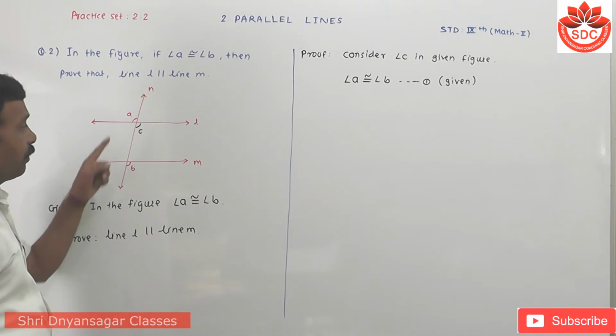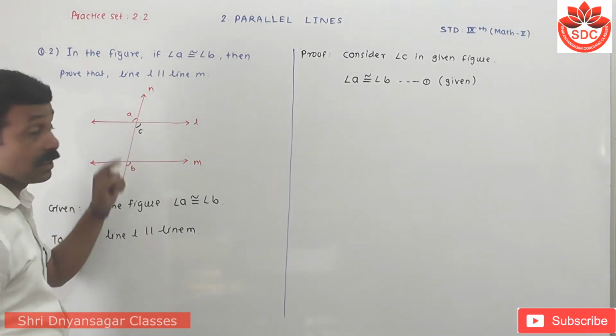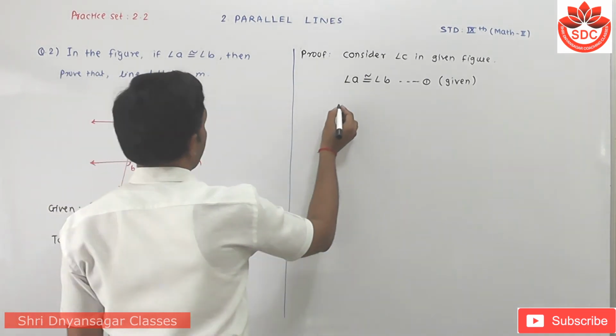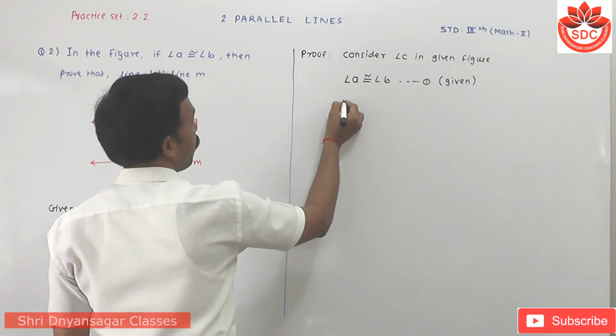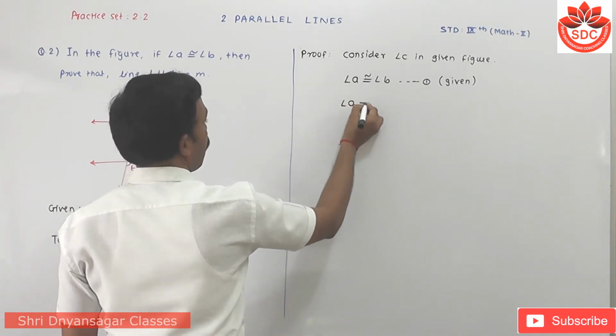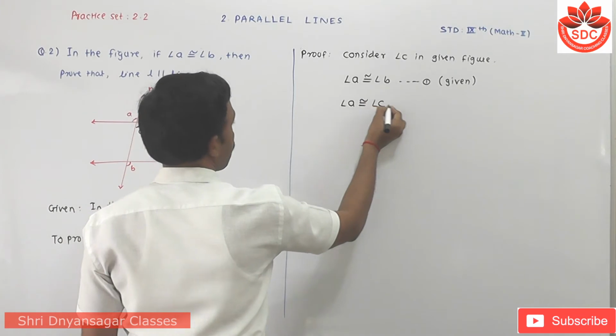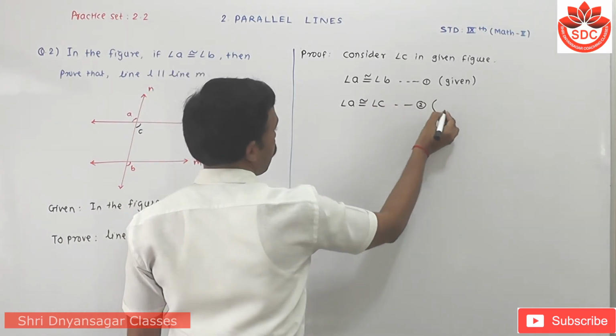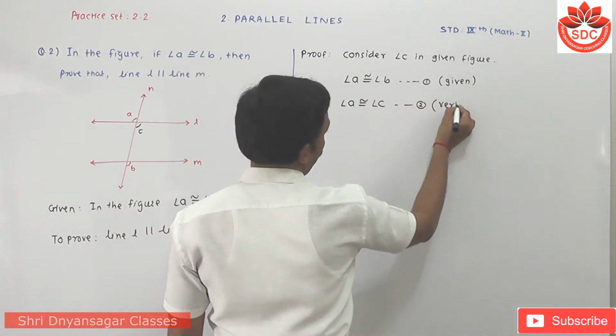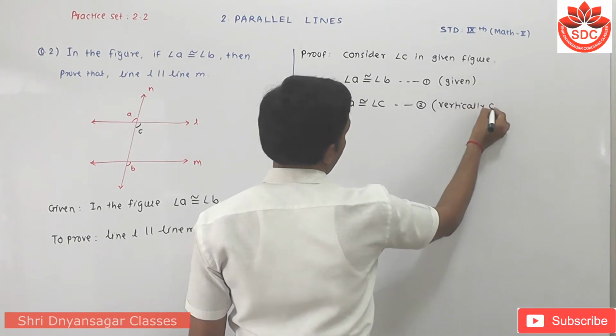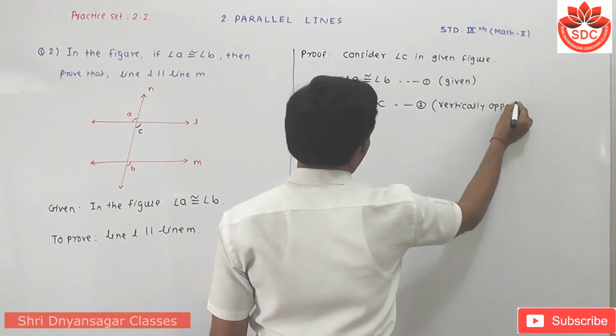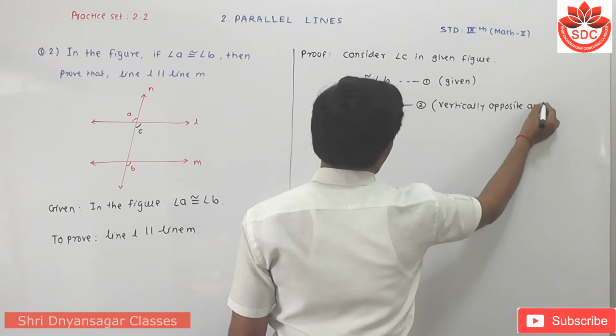Then student, observe carefully, angle A is congruent with angle C. Equation second, because vertically opposite angles.